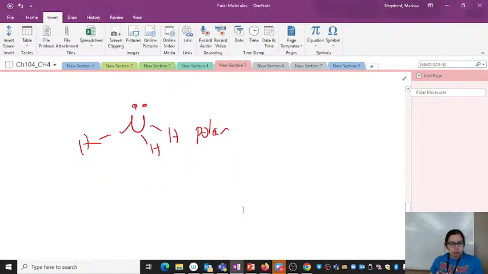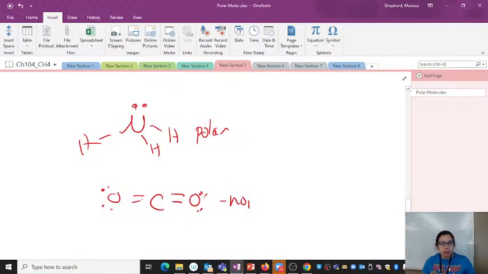Let's look at another one. What about CO2? So the way I drew it should help. Exactly, so nonpolar.